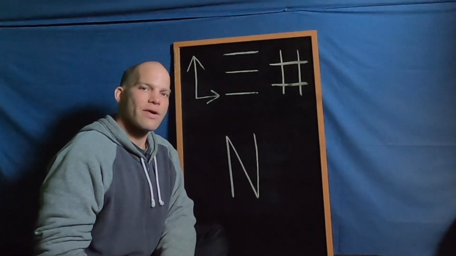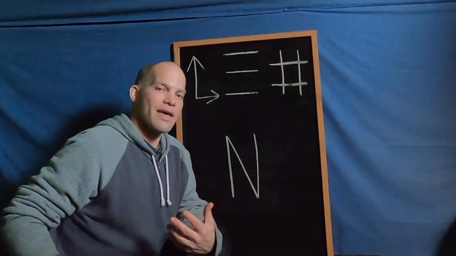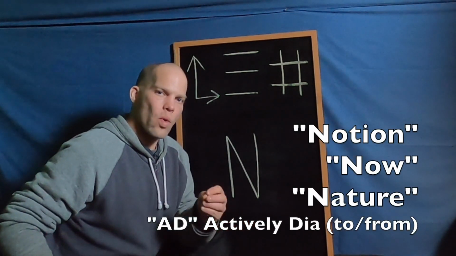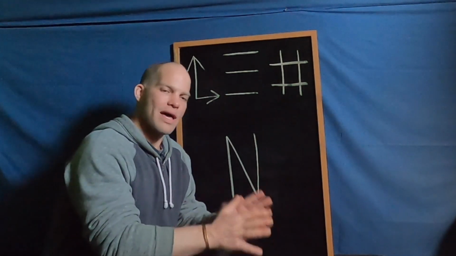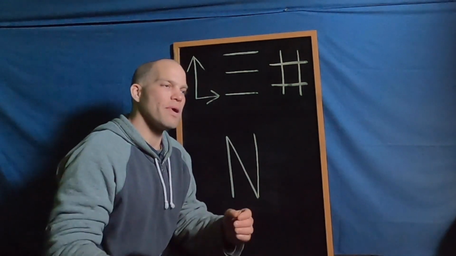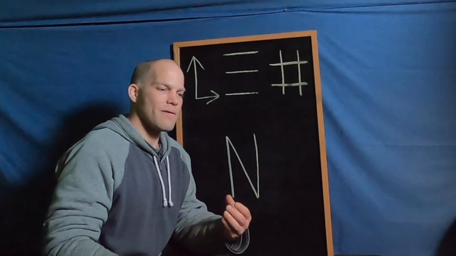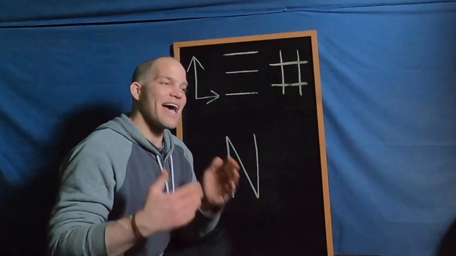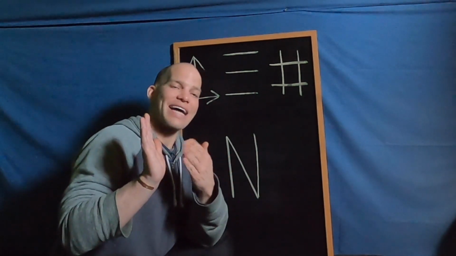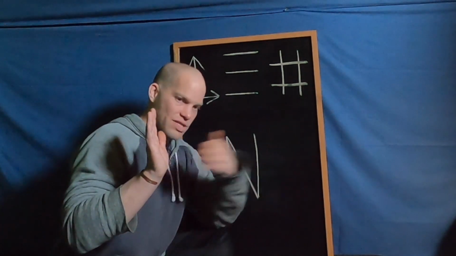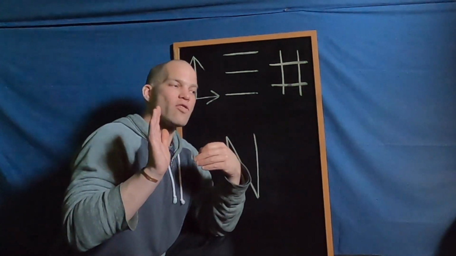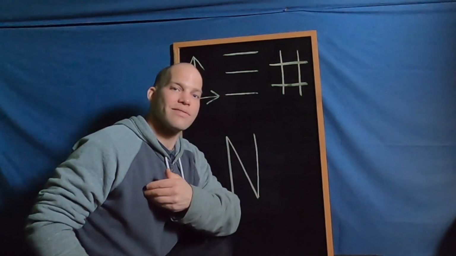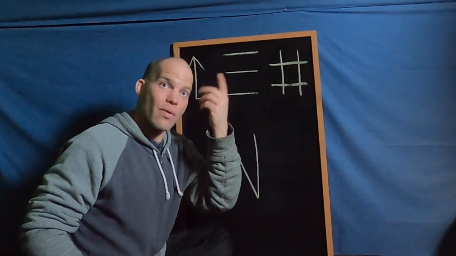The 14th letter N. I say notion, now, or nature. And the reason I say that, not only if you apply it, you'll see that it makes sense, but I say that because it's the 14th letter. A is active in the 10 spot, so it's actively, and then D is dia, or to and from, the director or doorway. And whatever would be actively doing that is a notion happening right now when you don't see it.